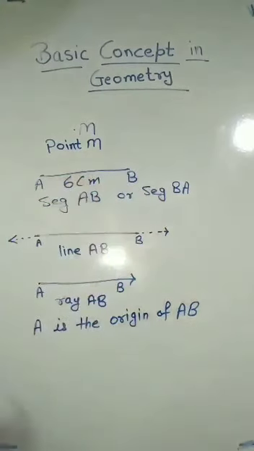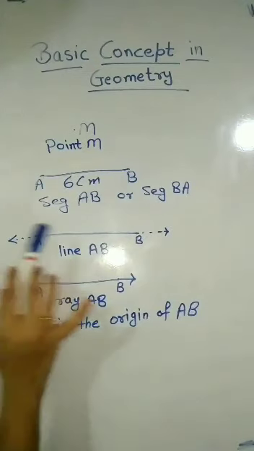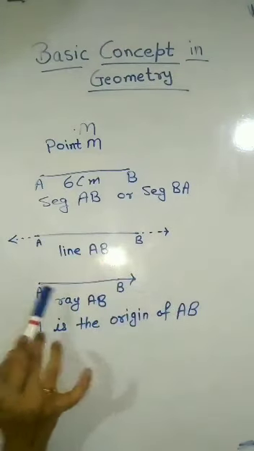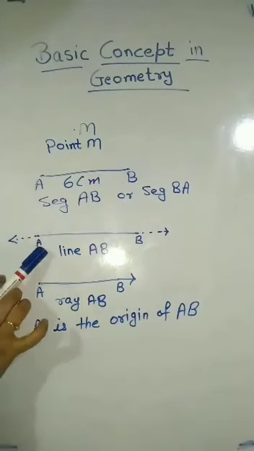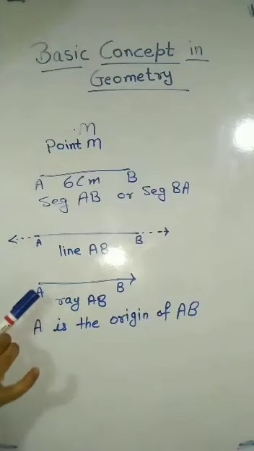We can measure a segment, but we cannot measure a line and a ray because they have no definite length. A line extends from both sides and a ray extends from one side. This is the origin. We measure the segment, we cannot measure the line and ray.